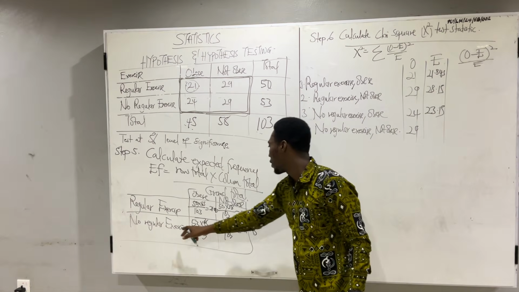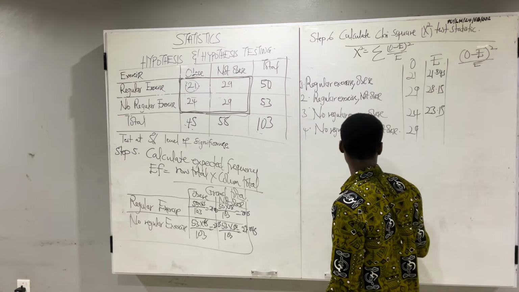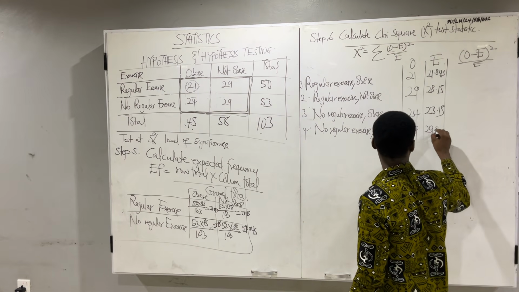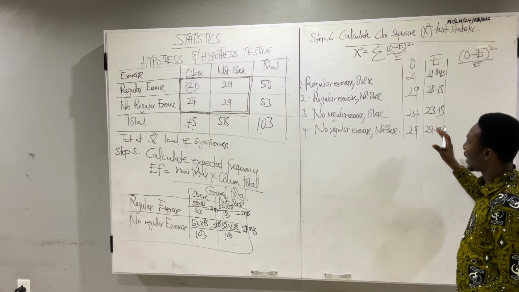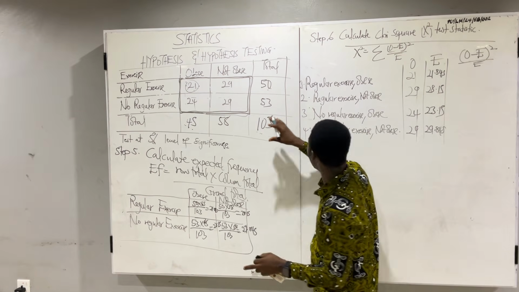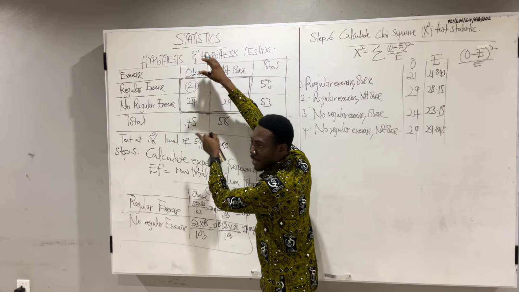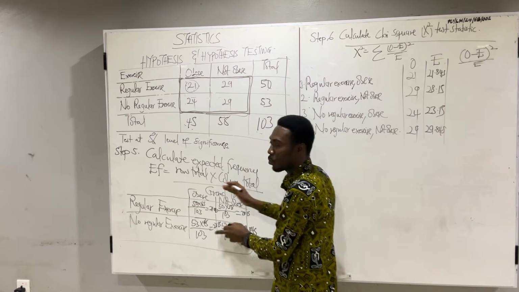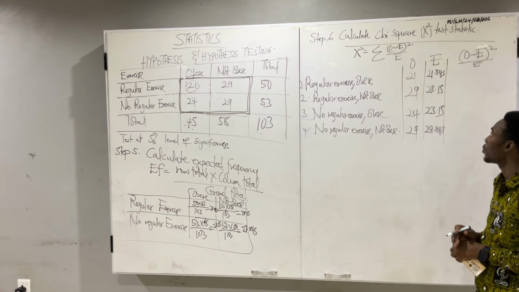The last one, no regular exercise who are not obese, we had 29.845. So now we have a single table with the observed from the examiner and the expected that we calculated, all at once. That's how the second table is supposed to be.